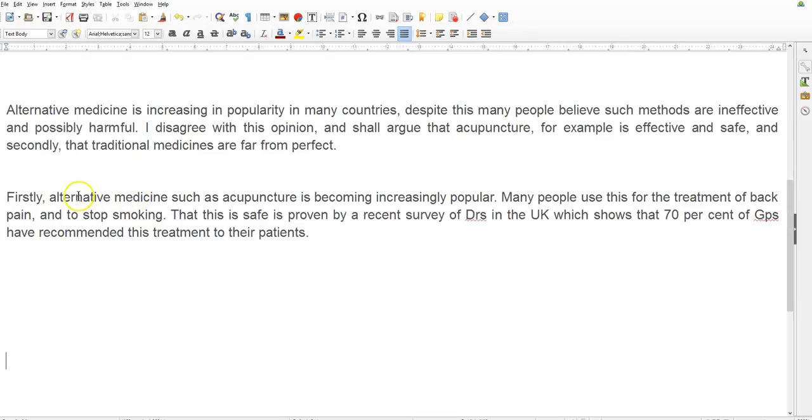So alternative medicine such as acupuncture. So as you see, I'm moving from the general to the specific. That's always a good idea. Many people use this for the treatment of back pain and to stop smoking. That this is safe is proven by a recent survey of doctors, which shows 70% of GPs have recommended this treatment to their patients. Now, I need another sentence.